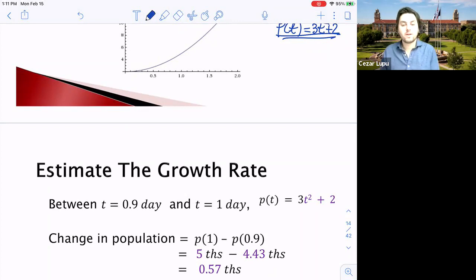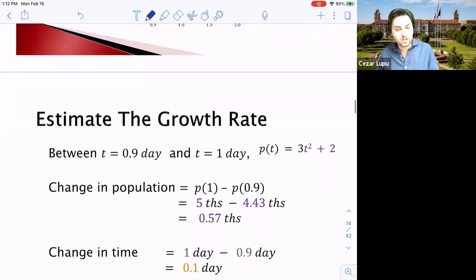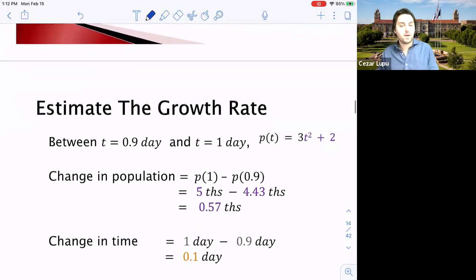So it's P of 1 minus P of 0.9, which is 5 minus 4.43 thousandths. So this will give us 0.57 thousandths. All right, that's the change in population. The change in time is just 1 day minus 0.9 of a day, which is 0.1. Well, guess what? Now, as we have seen before, we're going to take what? Can you tell me? How are we going to estimate the growth rate?